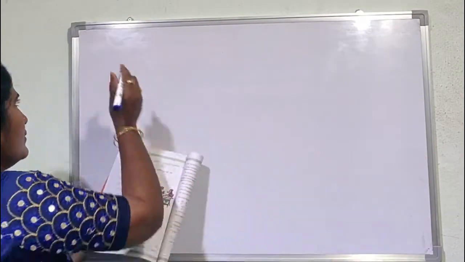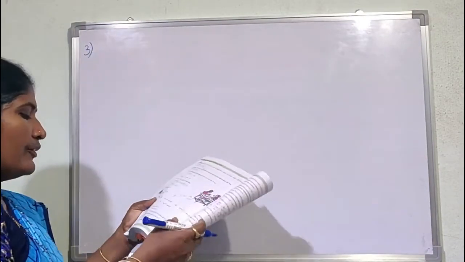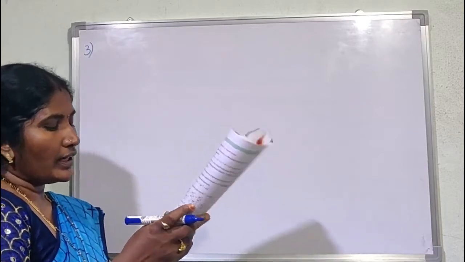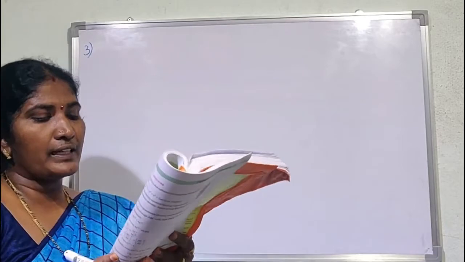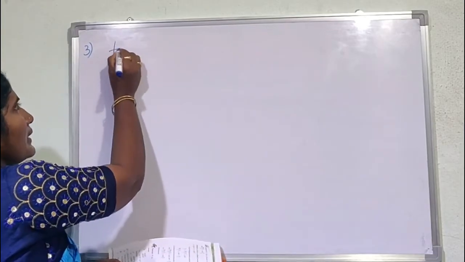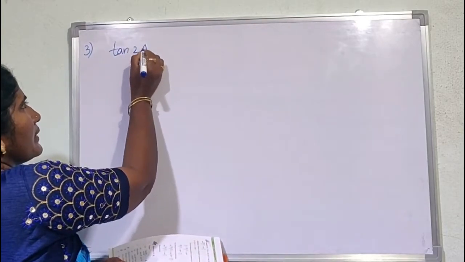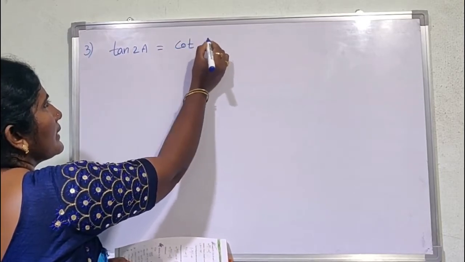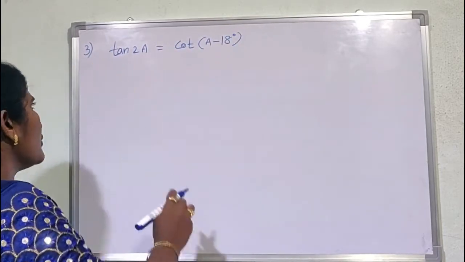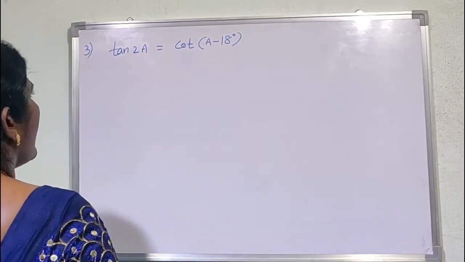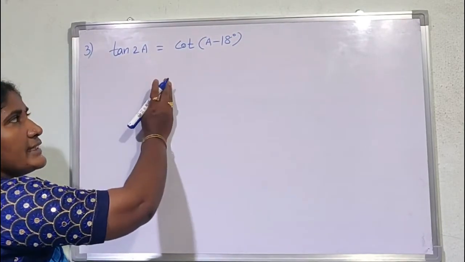Next, third question. If tan 2a is equal to cot a minus 18, where 2a is an acute angle, find the value of a. Here they gave tan 2a is equal to cot a minus 18 degrees. We want to find out a value. Again here we know the values, 90 minus theta values.